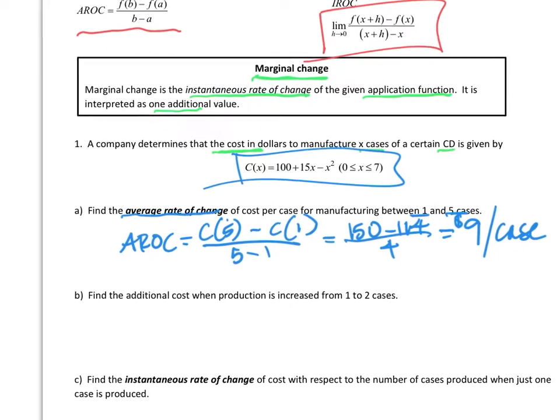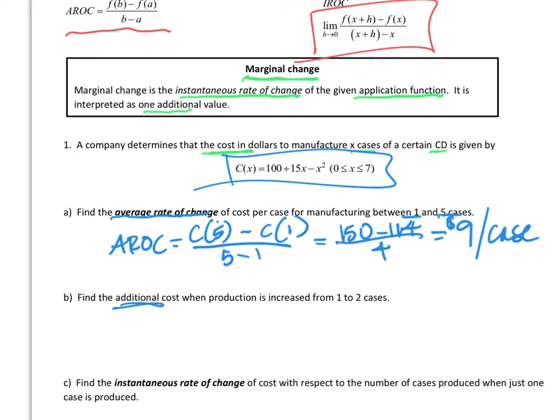So letter B, find the additional cost when the production is increased from 1 case to 2 cases. So additional cost is just going to be the difference between those two. The cost at 2 minus the cost at 1. The cost at 2 was 126.